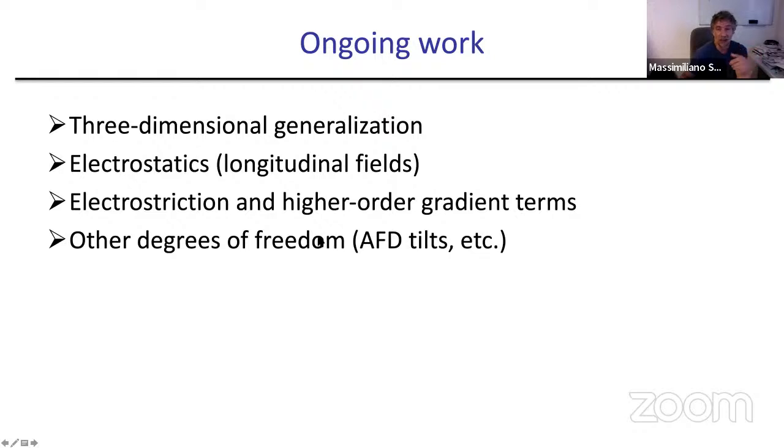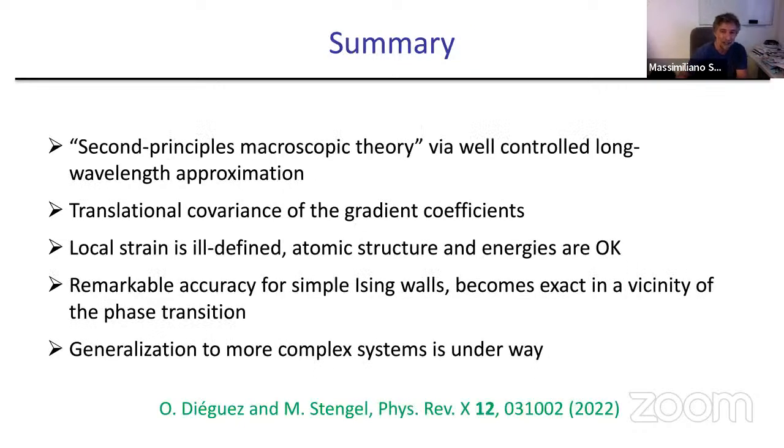And also, it would be nice to consider other degrees of freedom, like the AFD tilts. All this is under control. I would spend probably 2 more hours to discuss it, but now I'm over with time. And please ask, I have a few slides in case you're interested. So I'll just place the conclusions and thank you for your attention.